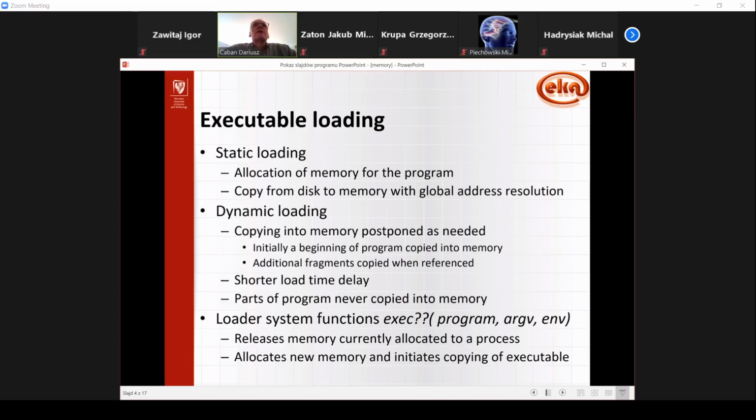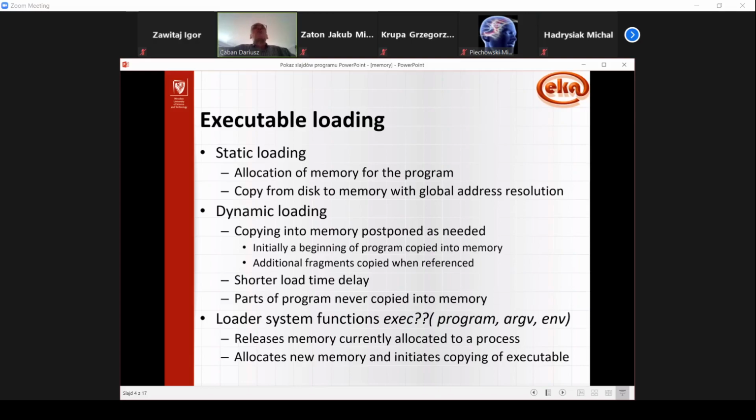If you want to run a program, you don't really need to copy everything from the executable file to memory and then jump to an address inside the memory and start executing from there. That's how static loading works.